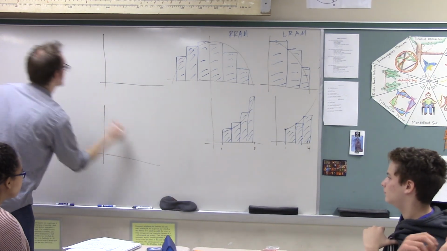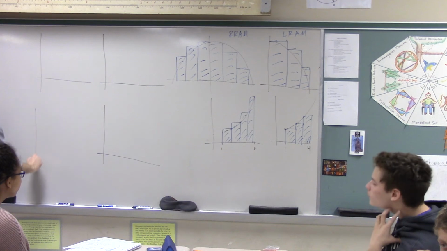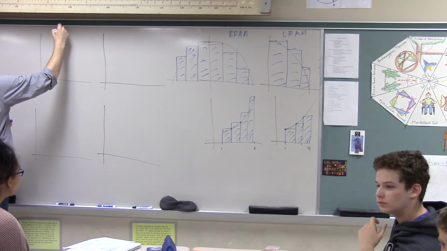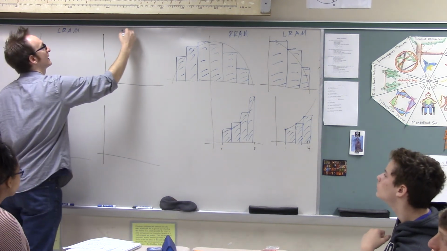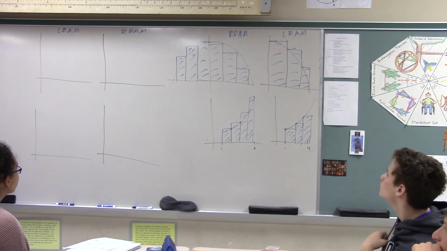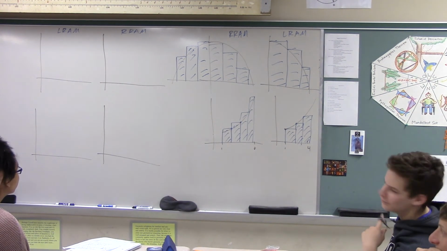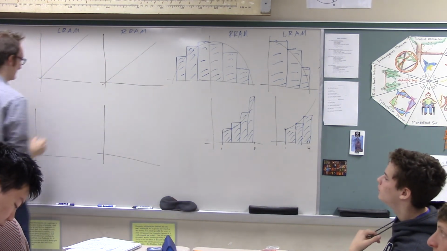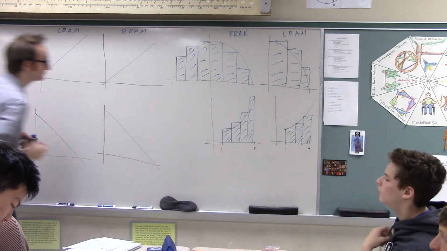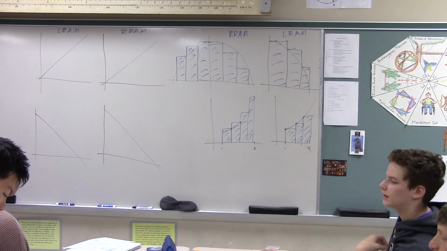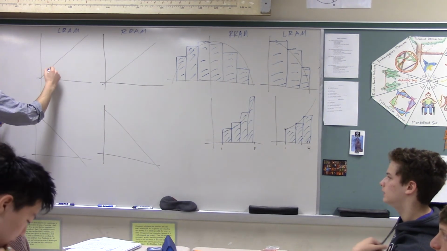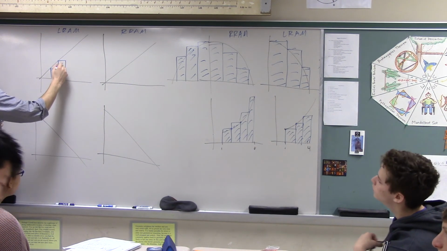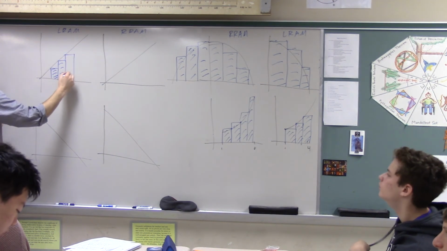So I need 4 pictures here. In this column I will take a look at LRAM, and in this column I'll take a look at RRAM. Let's make a curve which is increasing, just like a line, and here a curve which is decreasing. If I'm using LRAM, then on each subinterval I'm using the left-hand endpoint.